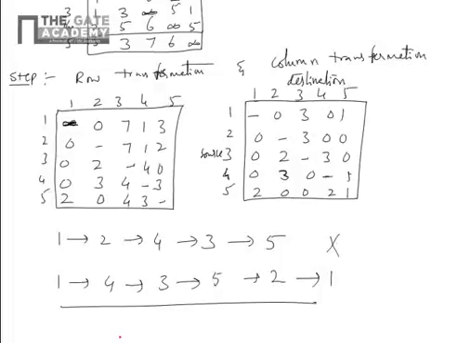Then go through row transformation and column transformation. Then cancel all zeros with the minimum number of straight lines. If the number of straight lines is less than the number of rows or columns of the assignment matrix, you have to improve the solution. Otherwise, that is the best solution. Whatever allocations you get are the best allocations. That is about the assignment problem.